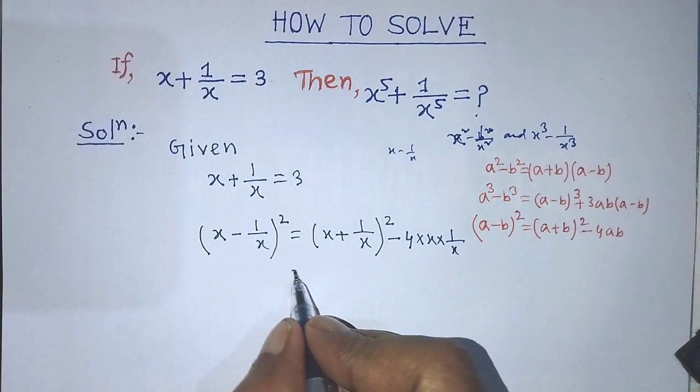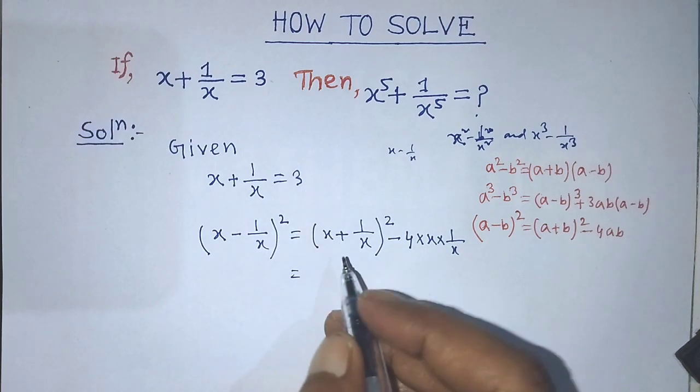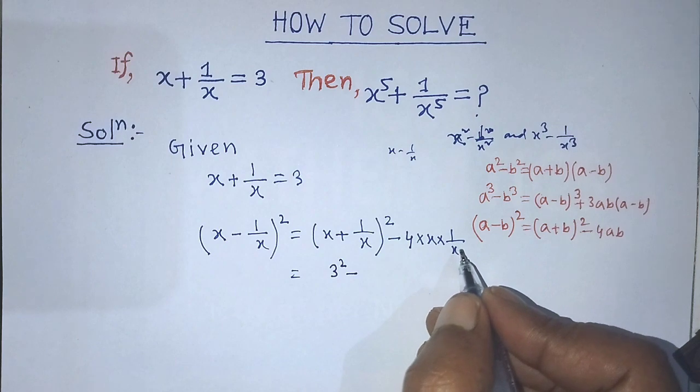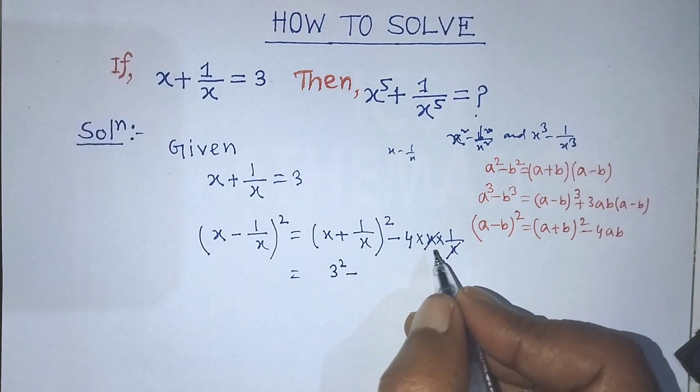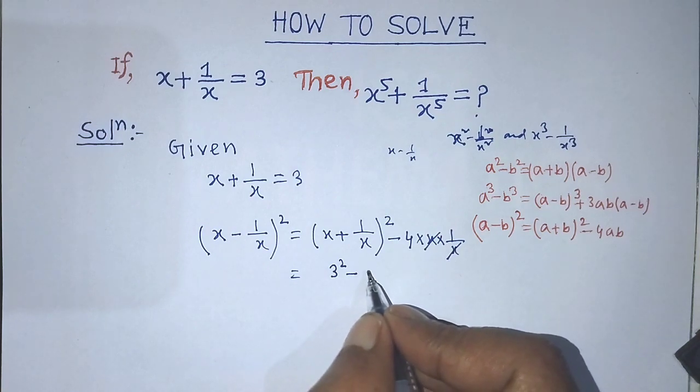So we can write here the value of x plus 1 over x is 3. So 3 square minus, so we can cancel x from numerator and denominator in the second term. So we can write here 4.